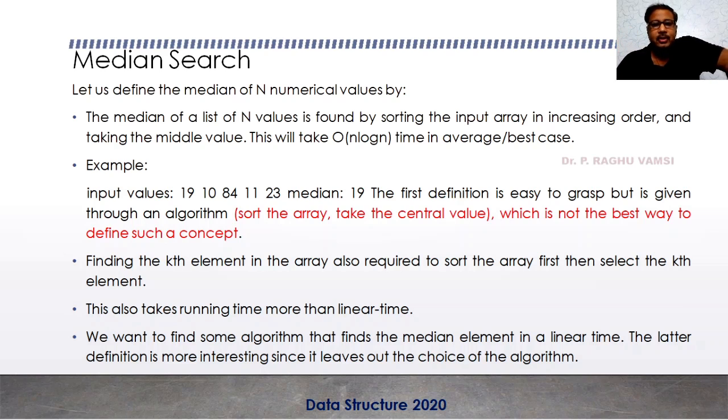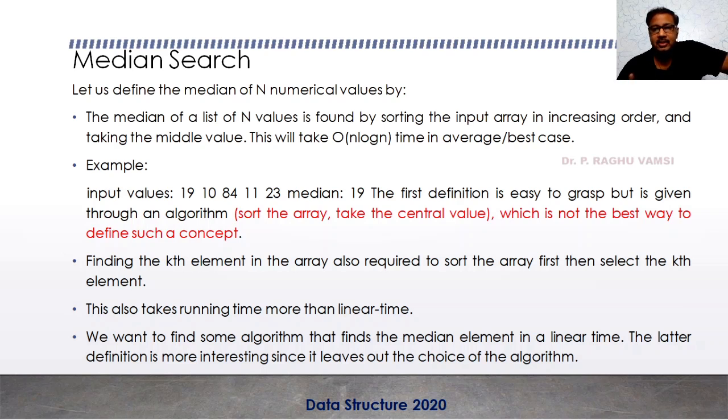Example: consider the input values 19, 10, 84, 11, and 23. Arranged in ascending order, it is 10, 11, 19, 23, and 84. The middle element in the sorted list is 19, so the median is 19.